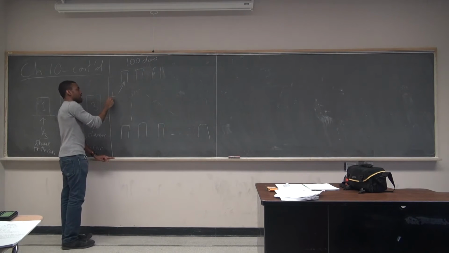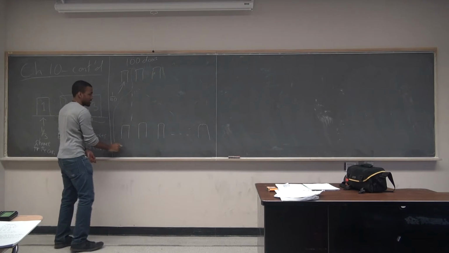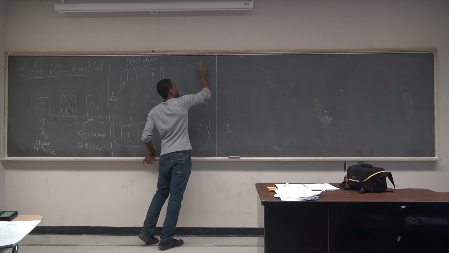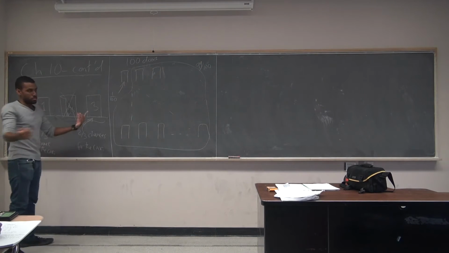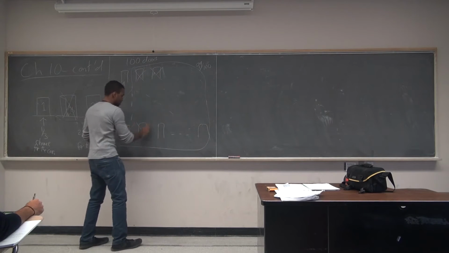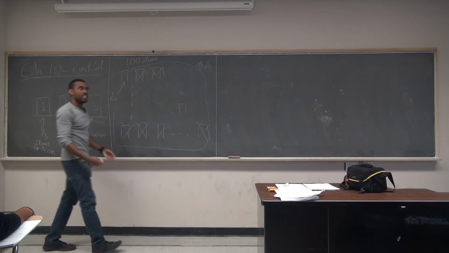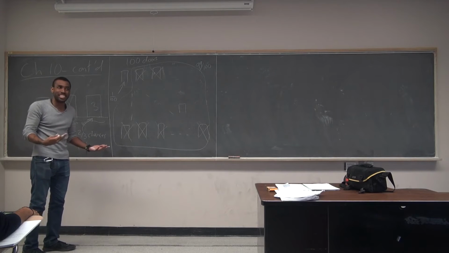Which means the chance that the car is somewhere else is 99%. There's a 99% chance that you're wrong. Now what if Monty opens 98 of these doors, and there's only one door left not open? Switch. Now it makes sense that I should switch, because there's a 99% chance I'm wrong.